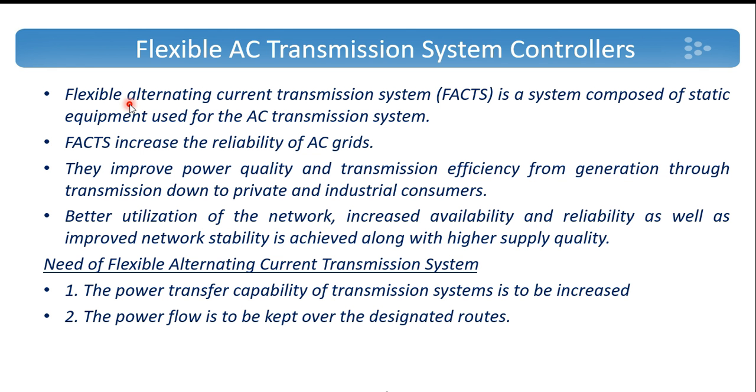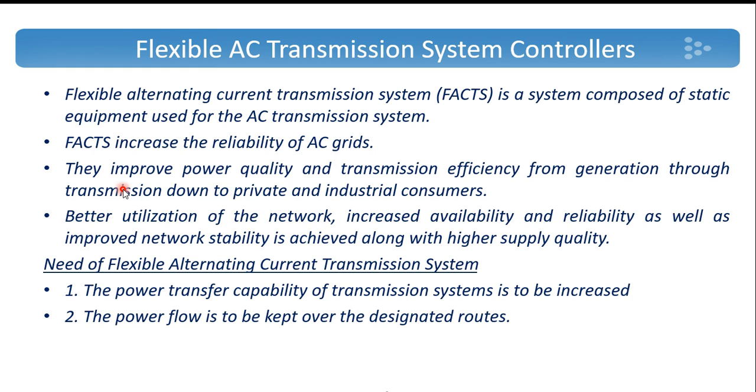So flexible AC transmission system is composed of static equipment used for AC transmission system. As it is power electronic converters, there are no moving parts in the system. It increases the reliability of the AC grid.